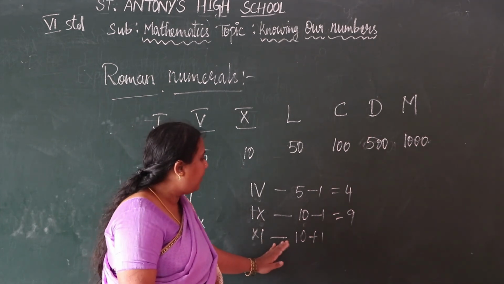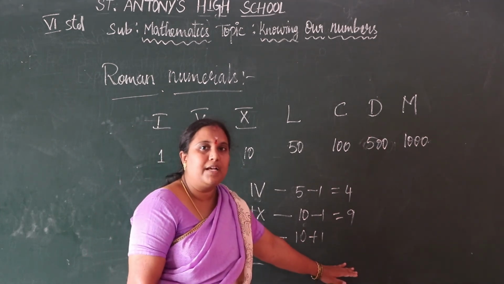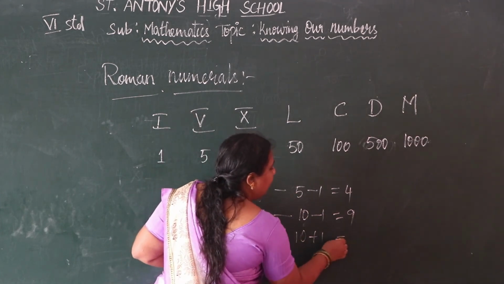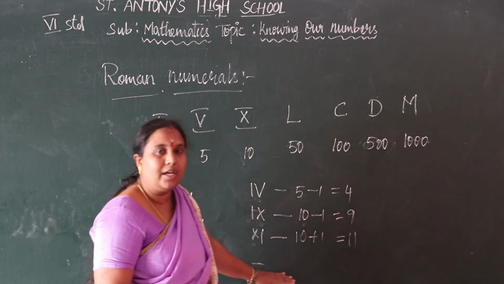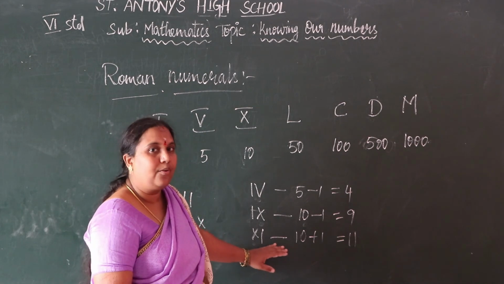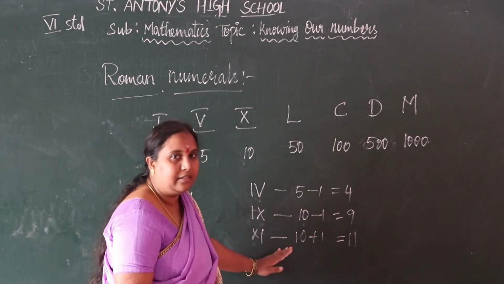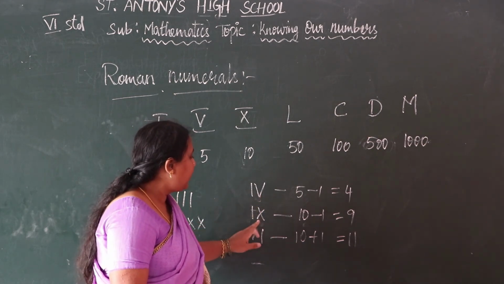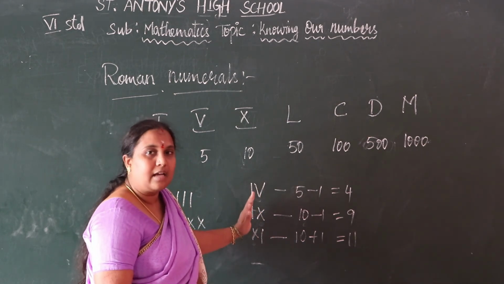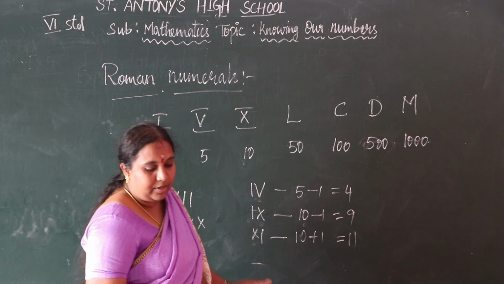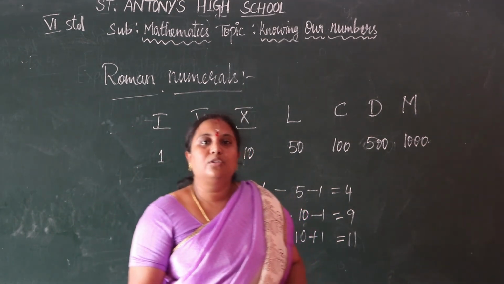When it is after, we are adding. 10 plus 1 equals 11. Okay, so these are the conditions. Only with 5 and 10 we are adding and subtracting. Other than that we are not doing that.